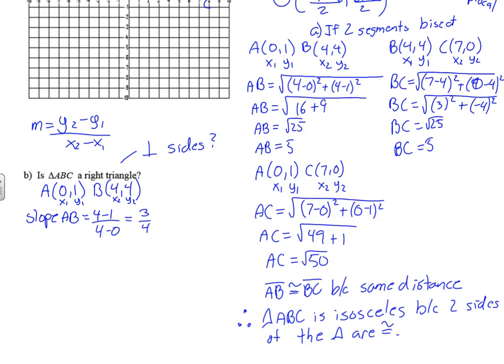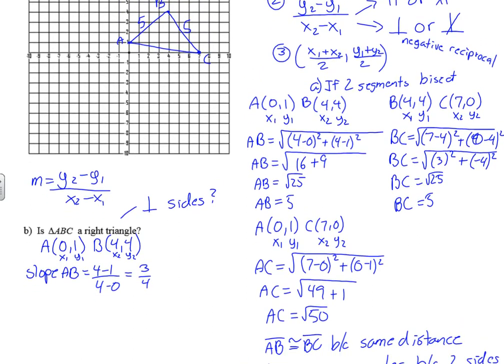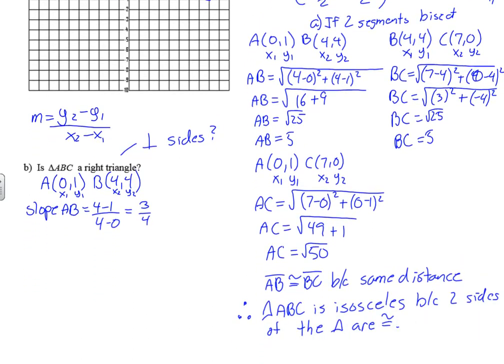And then I said it looks like it might be with BC possibly. So again, I'm going to bring the point in. B is 4, 4. C is the point 7, 0. I'm going to label this x1, y1, x2, y2. I'm going to write the slope of BC, and it's y2 minus y1 over x2 minus x1.